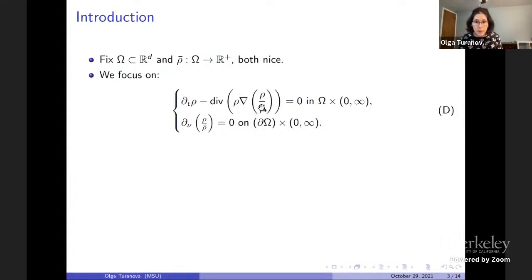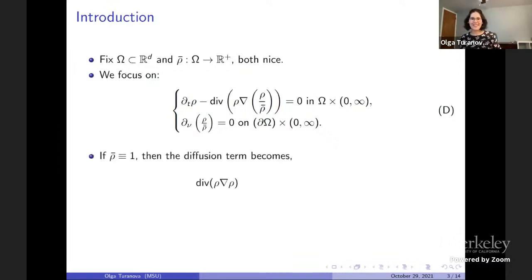So there's the coefficient rho bar. It's d_t rho minus divergence of rho grad rho over rho bar. And it's coupled with this boundary condition, although during the talk, I'm not actually going to talk about the boundary condition at all. But I put it here for you to see.